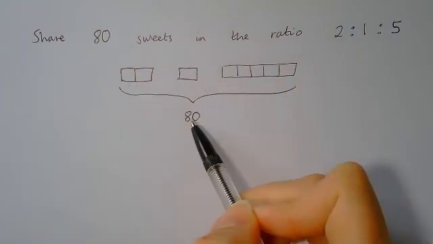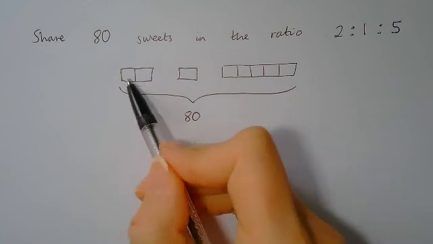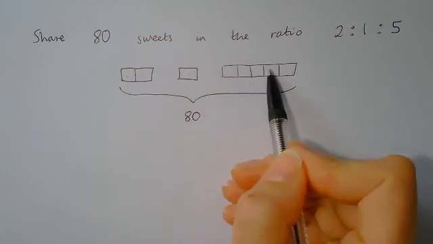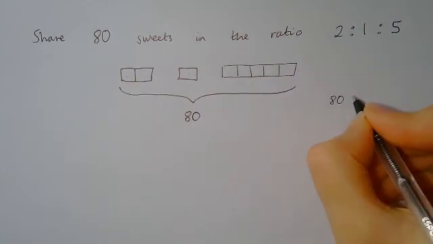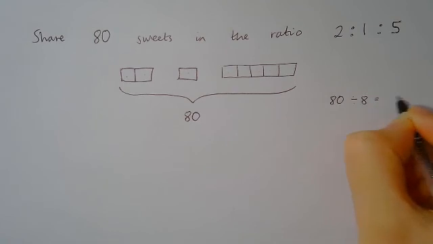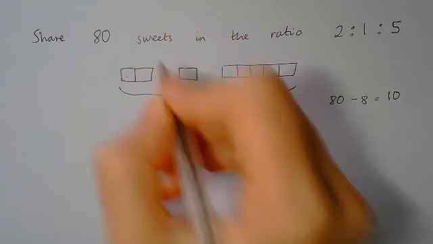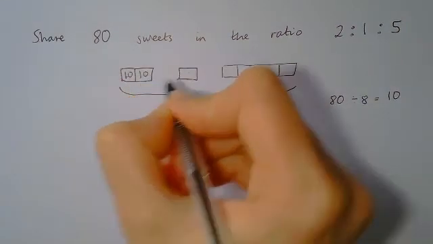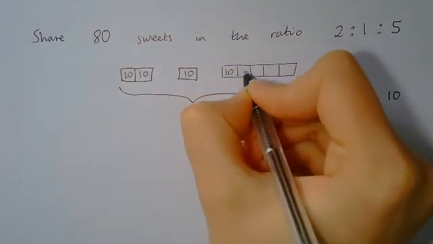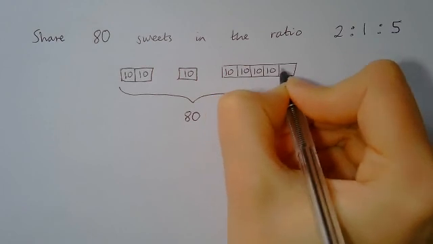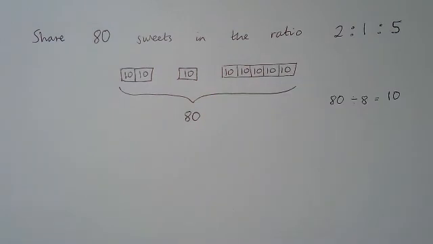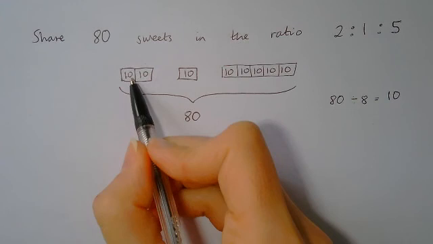Now I can see that some of you will already be saying, well, I've got 80 and I need to share them between 1, 2, 3, 4, 5, 6, 7, 8. I need to share my 80 sweets between 8 bars. So you need to think about what would go in each bar. Well, it would be 10. So let's pop our 10 in each bar. Once I've got the 10 in each bar, then I can work out what each person's going to get.